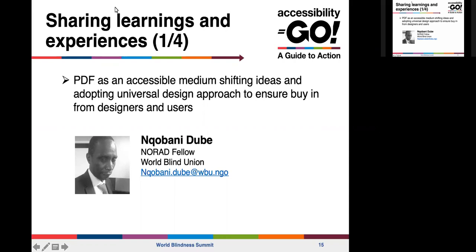So that's the major challenge. Otherwise, in terms of accessibility, the PDF format has more and better features that help not only the user, but also the designers and those producing the information.